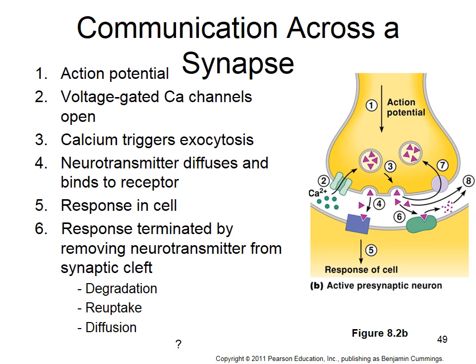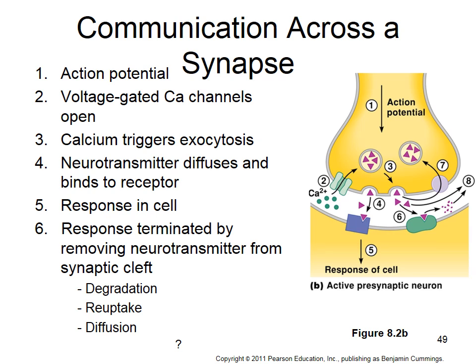Okay, step number 6 is the neurotransmitter has to be removed from the synapse, and it's removed either by degradation of an enzyme on the postsynaptic cell. Okay, so our skeletal muscles have an enzyme on their plasma membrane called acetylcholinesterase, which breaks down the acetylcholine that motor neurons release.